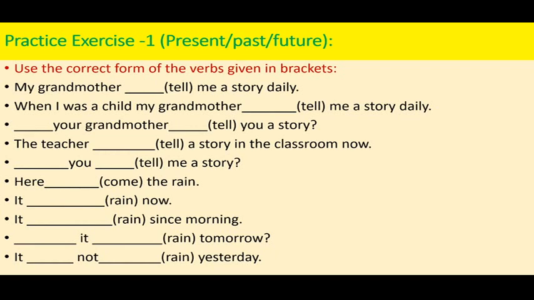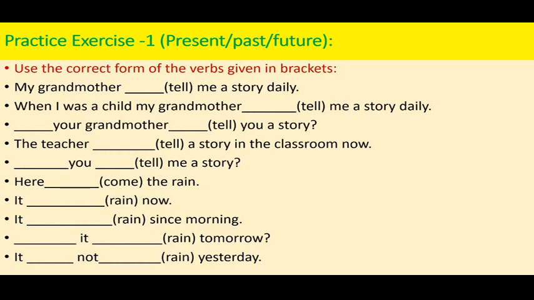Let me read out these sentences for you. First sentence is: my grandmother dash me a story daily. The verb is tell. You have to fill up the correct form of tell here. Second sentence: when I was a child, my grandmother dash me a story daily.